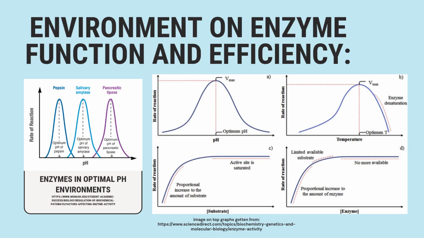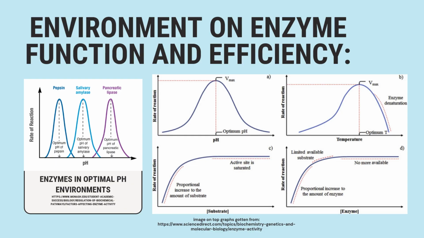So wherever that gray line meets the x-axis, which is the pH level, that is the optimum pH level of the enzyme depicted. So we can see for pepsin where the optimum pH is. We can see for other enzymes here as well. And we can see that the rate of reaction is the greatest when the enzyme is at its optimum pH level.